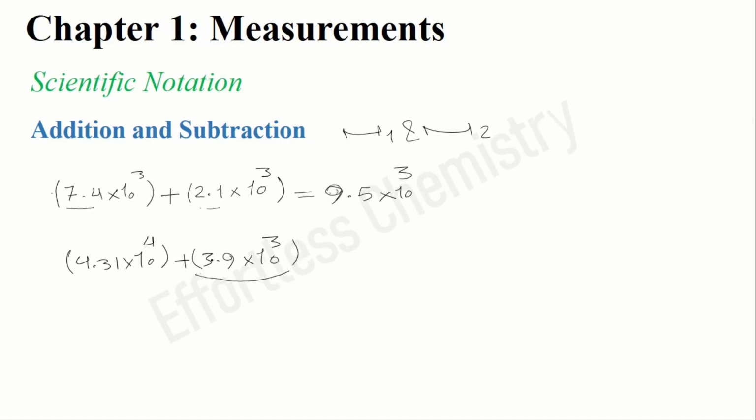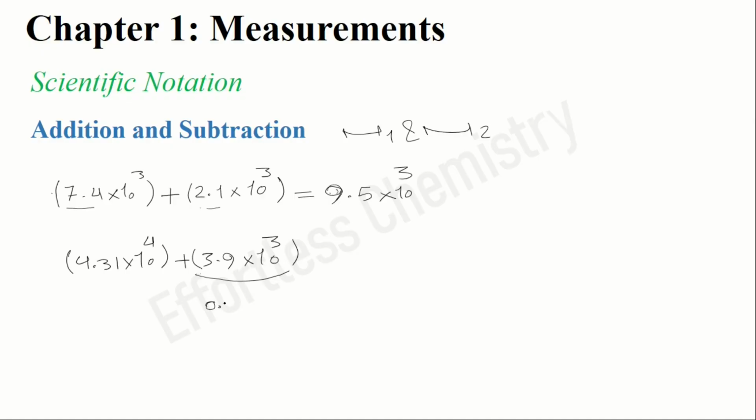I have learned that if I move the decimal point to the left, the exponent becomes larger. So one positive would be added to 3. Let's do that. I will move this decimal point one place to the left.